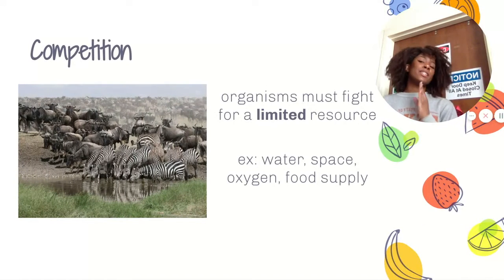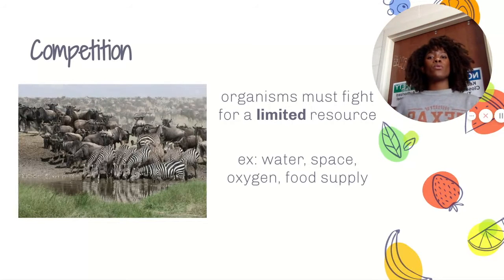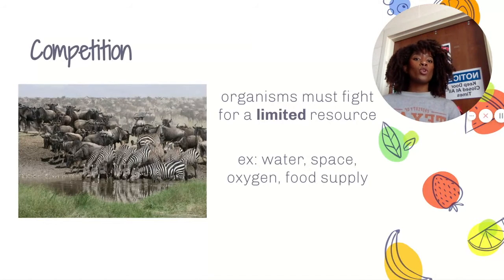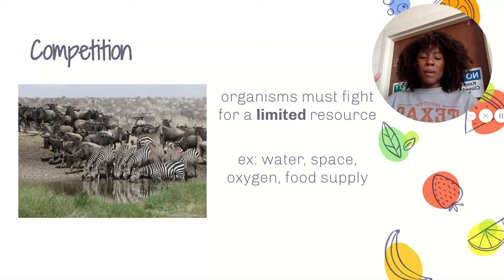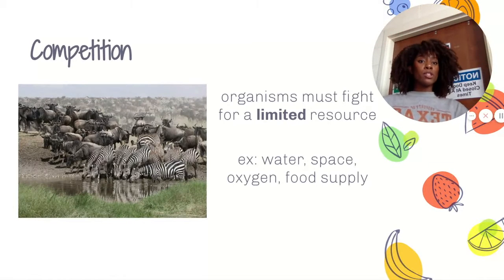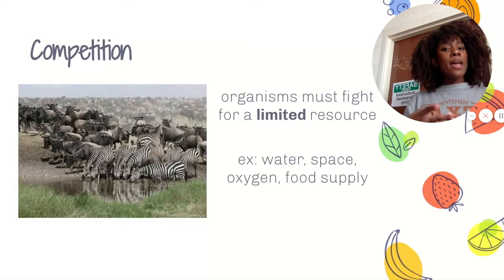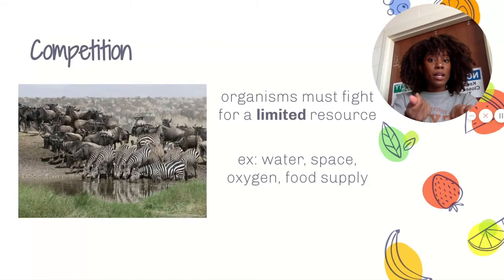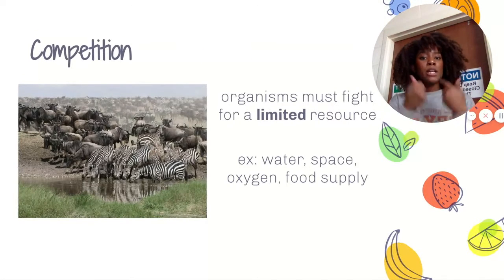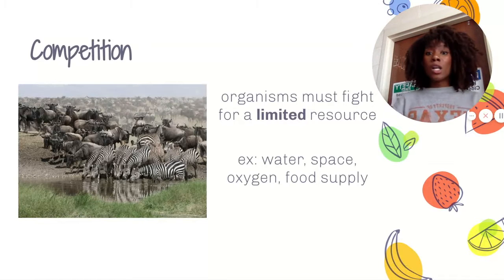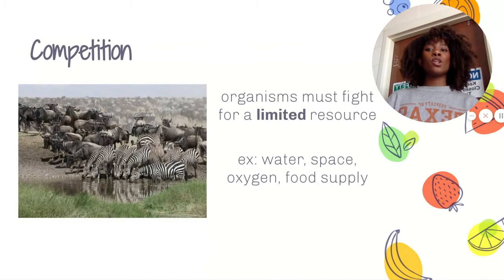Water is not the only limited resource, right? Space is also a limited resource. There's only so much space in a city. Think about a city like New York, where there's very little space. So in order to get a big space, a big house, a big apartment in somewhere like New York or LA, you're going to have to pay a lot of money, right? You're going to have to fight for it to get that space. Oxygen is also a limited resource. There's only so much oxygen in the lower parts of the ocean.